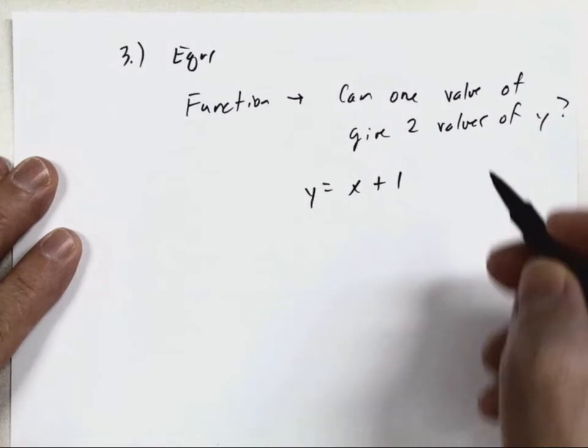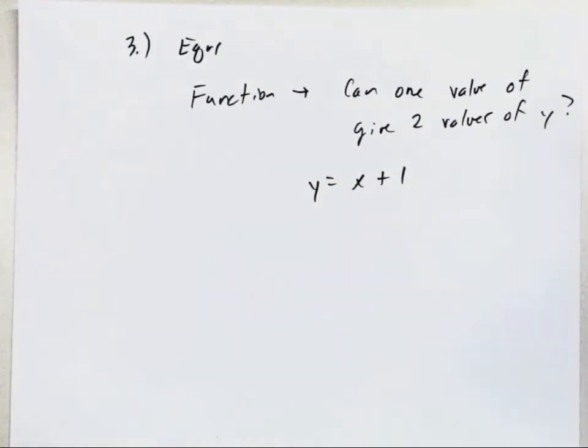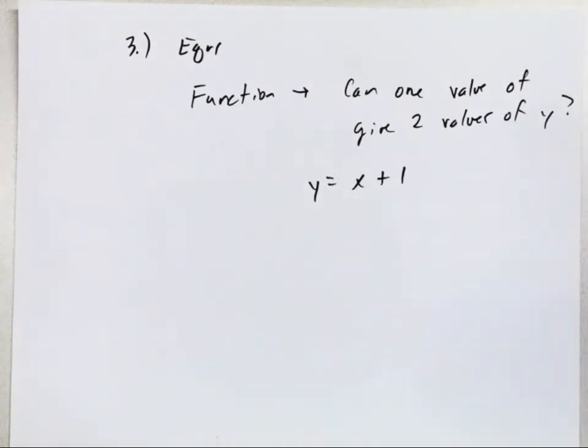Seems like sort of a silly question. If you look at this equation, if you think about plugging in 1 for x, can you somehow get two different answers for y? Obviously not. So this is a function.